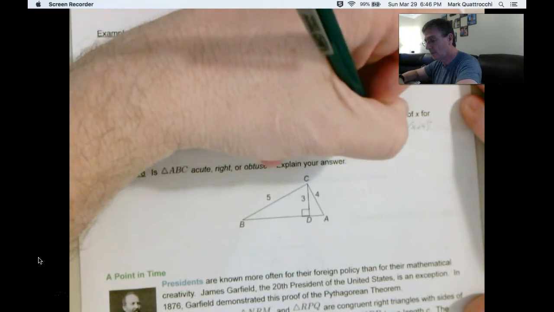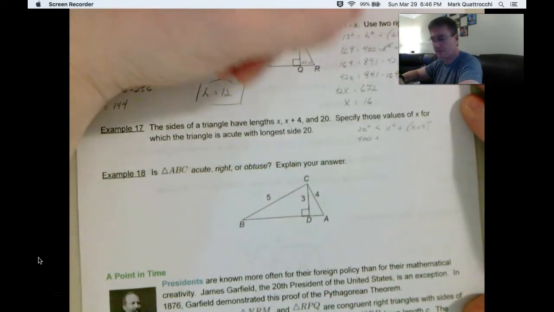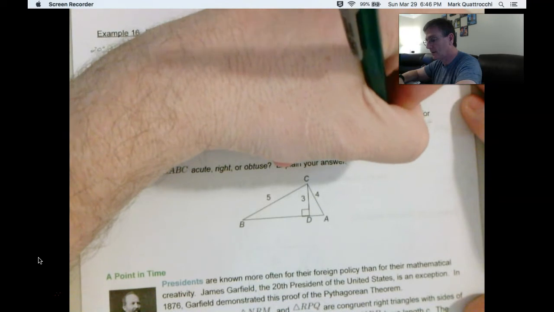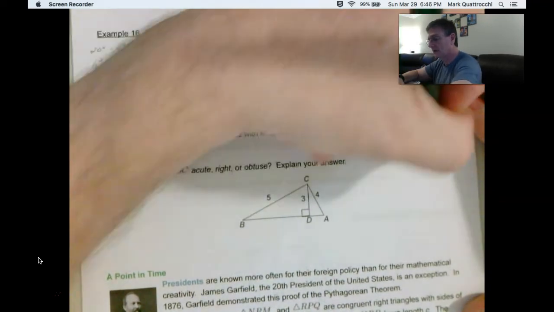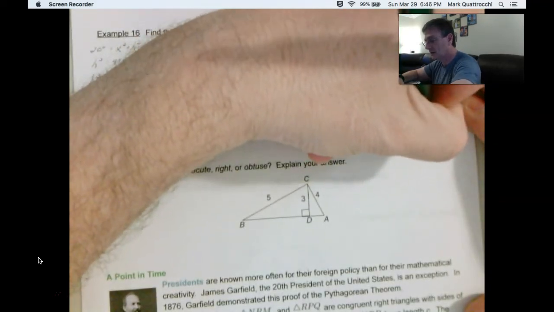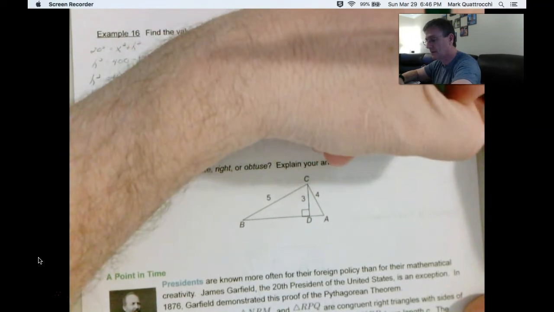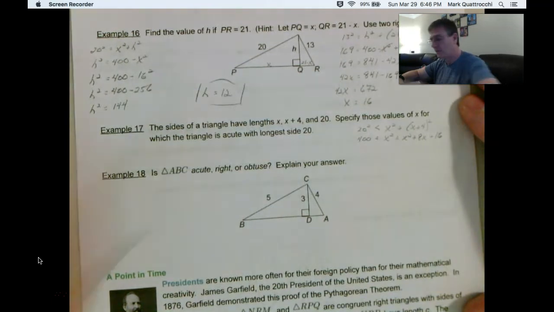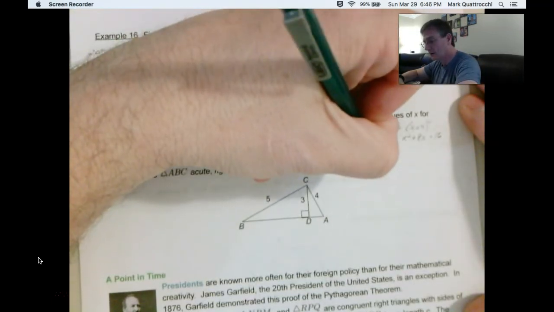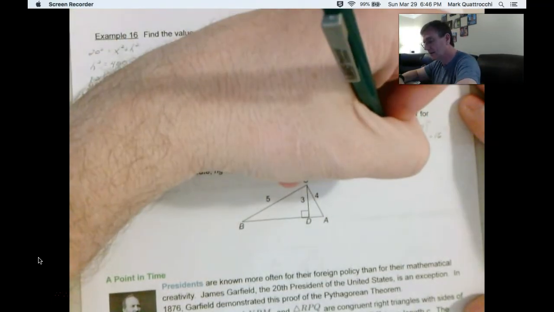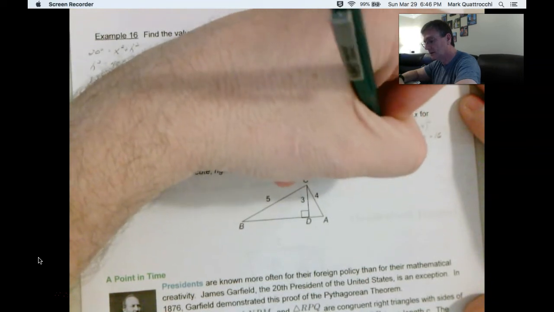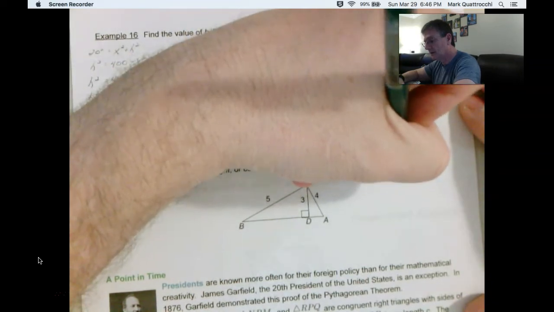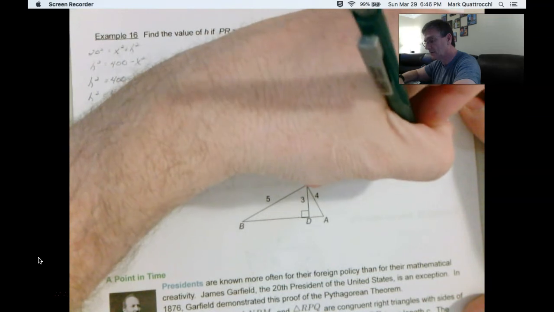400 has to be less than x squared plus x squared plus 8x plus 16. 400 has to be less than 2x squared plus 8x plus 16.